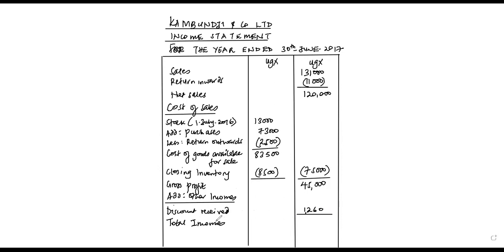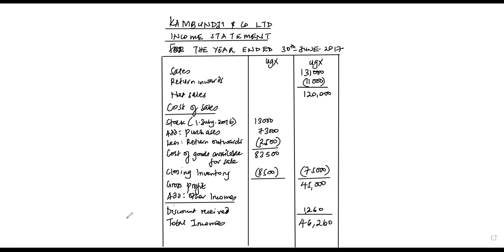Total incomes, 45,000 plus 1,260. This gives us total incomes of 46,260.